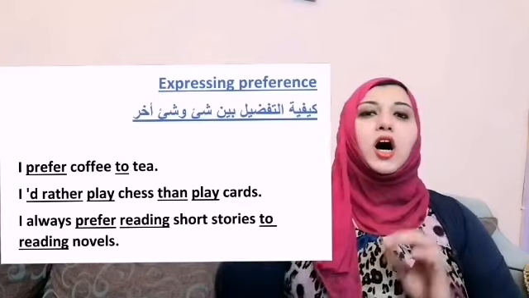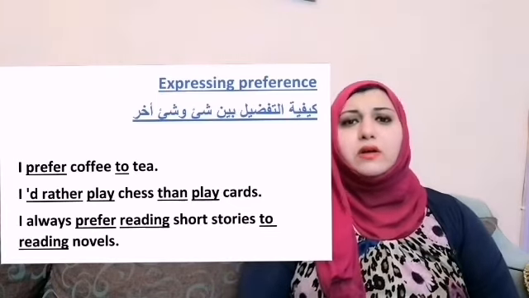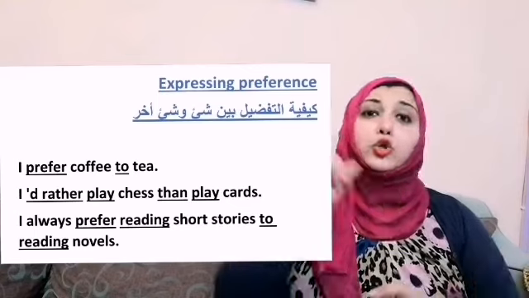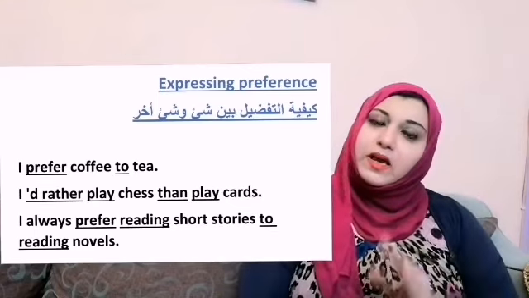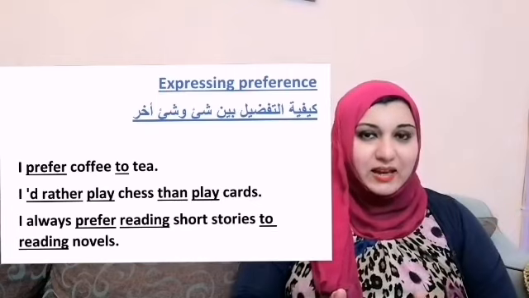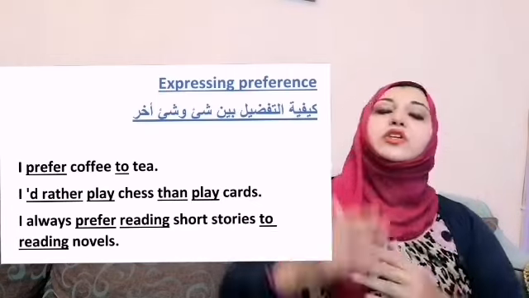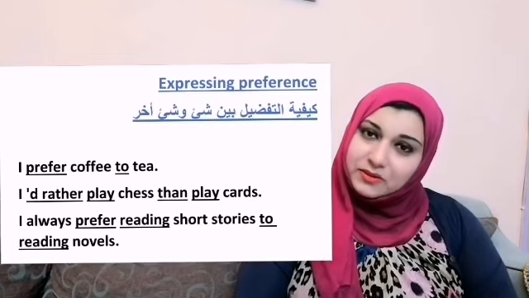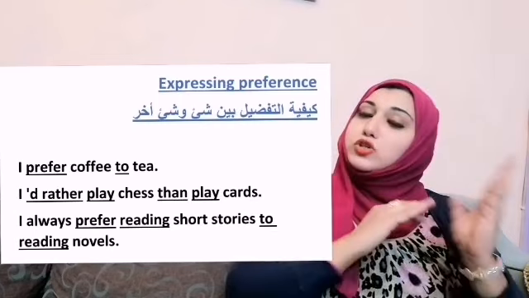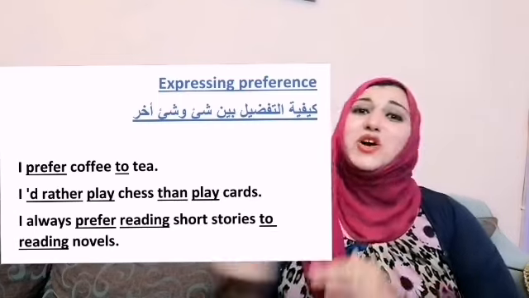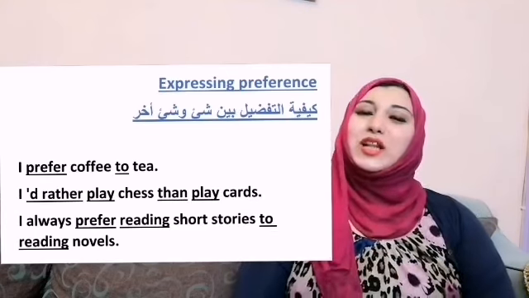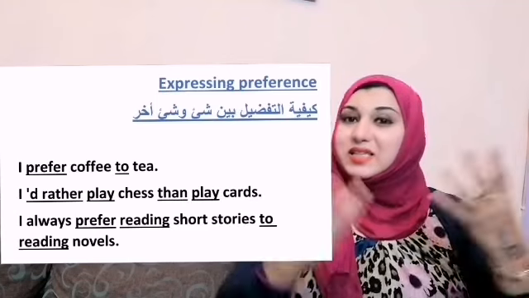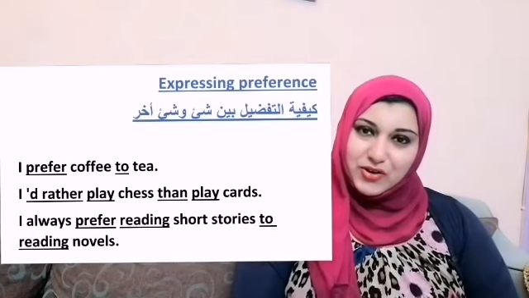For example, I prefer reading short stories to, we must say to in the middle, على, reading, again gerund ing, reading novels. I prefer reading short stories to reading novels. And these are some forms when you'd like to express something you prefer.